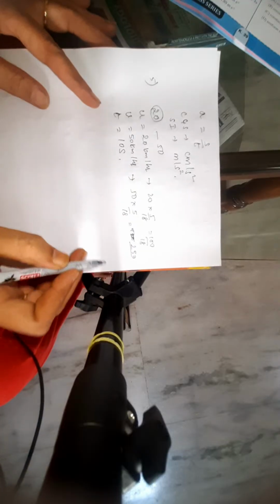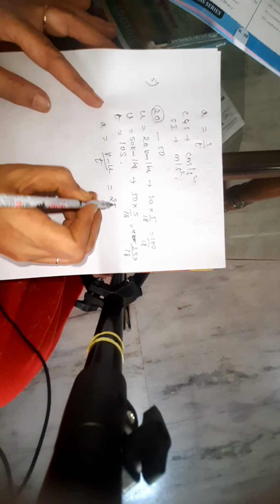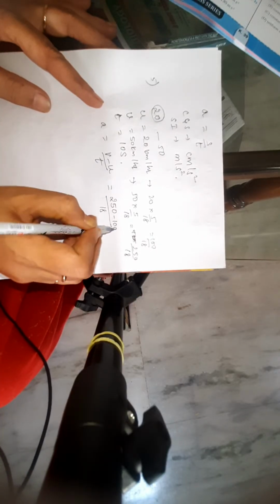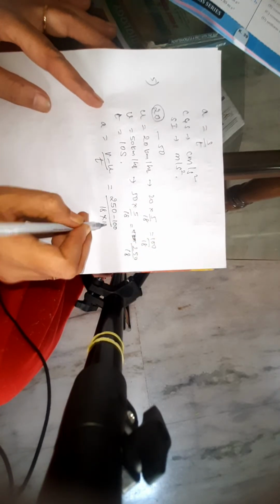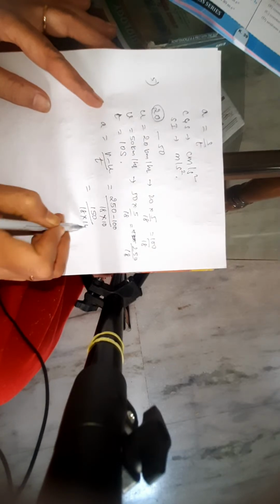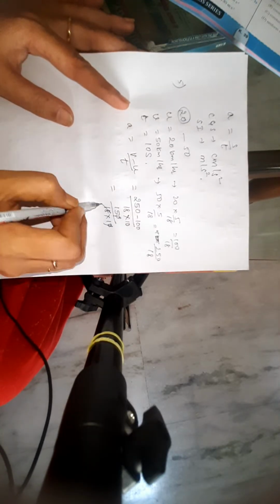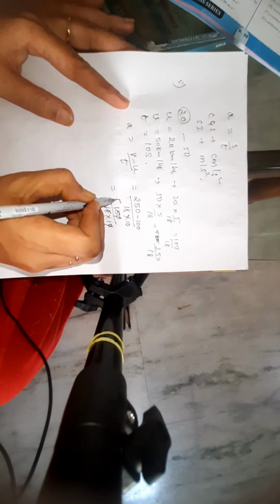Now the formula of acceleration, v minus u by t. Here v is 250 minus 100. I considered LCM as 18 and time is 10 seconds. So it is 150 upon 18 multiplied by 10. Zeros got cancelled. 3 6s are 18, 3 5s are 15.